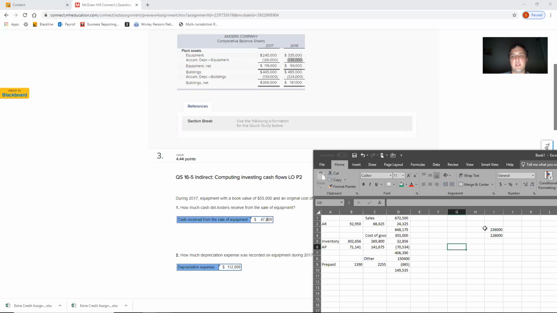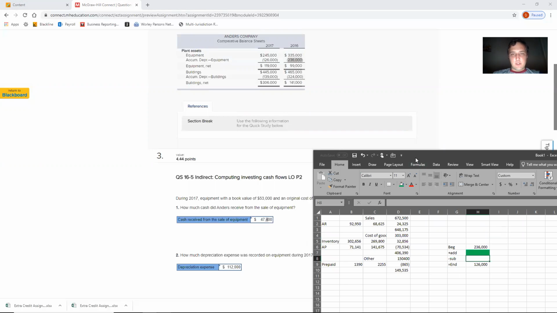All right, so with everything, it's going to be beginning plus additions minus subtractions equals ending. Okay, so our beginning was 236. Our ending is 126. We're trying to find out what the depreciation expense was.